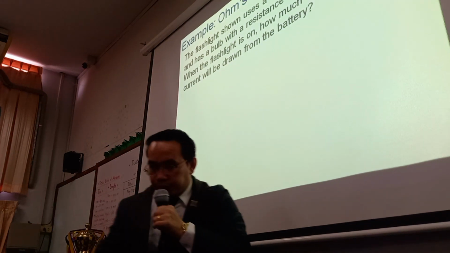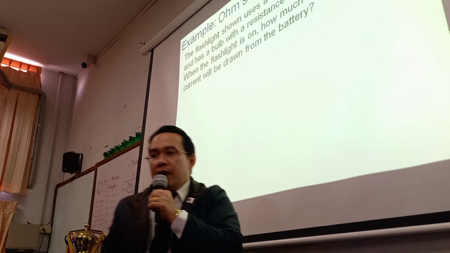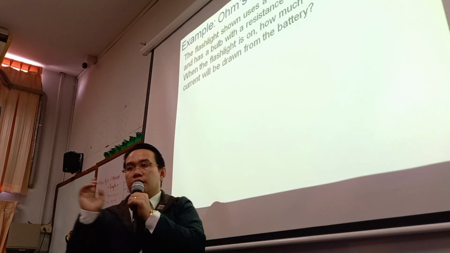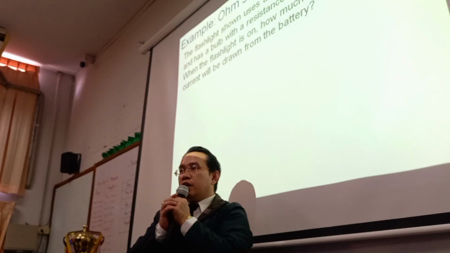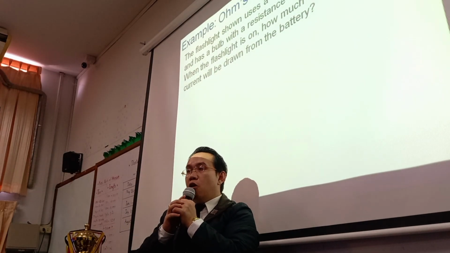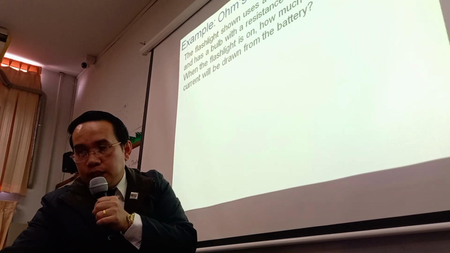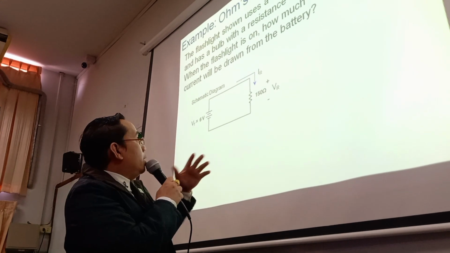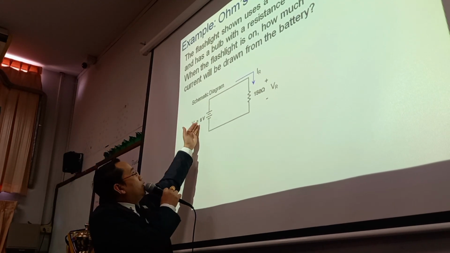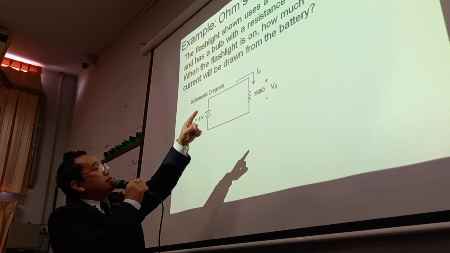Next one. In this example of Ohm's law, the flashlight shown uses a 6-volt battery and has a bulb with a resistance of 150 ohms. When the flashlight is on, how much current will be drawn from the battery? Let's find out. We have here the schematic diagram. We have 6 volts, the battery voltage for this flashlight.